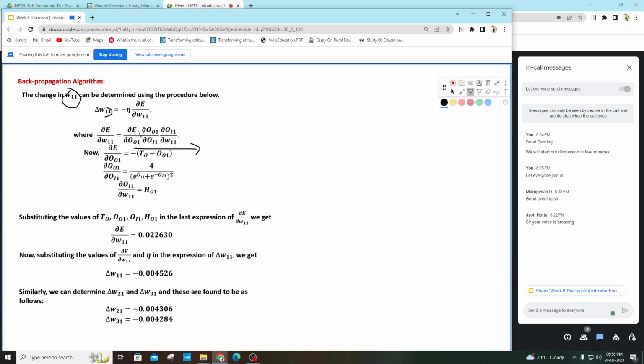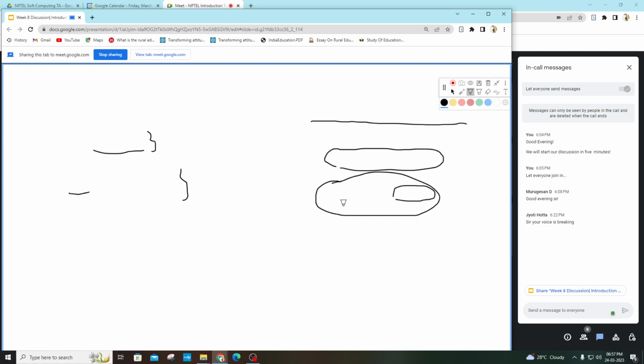Now we will calculate this first, that is del E by del O1. You can do the simple differentiation, and that comes to TO minus OI1. This is the differentiation part. So by this you have calculated this. Now you can calculate the next one, that is del O1 by del OI1.